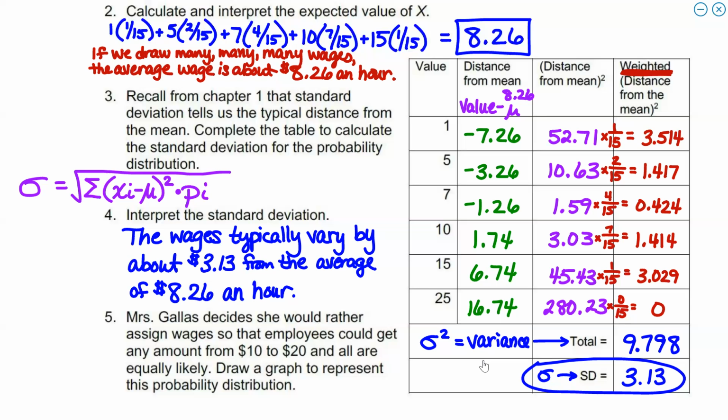And only after we added them all up did we square root them. So this is the sum: each x value minus the mean, then squared, multiplied by each probability.